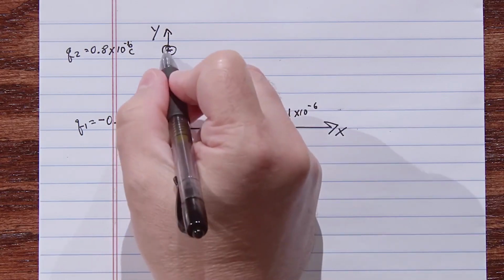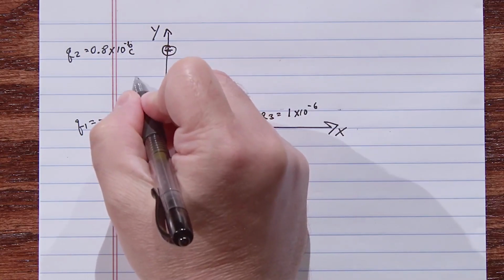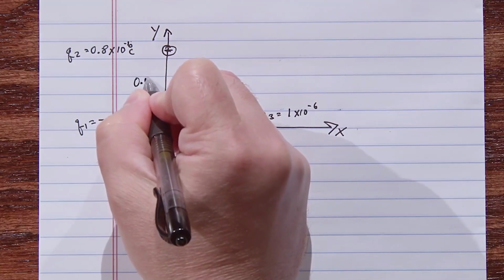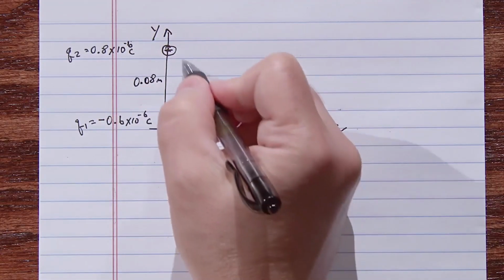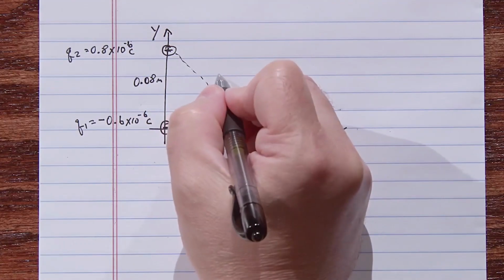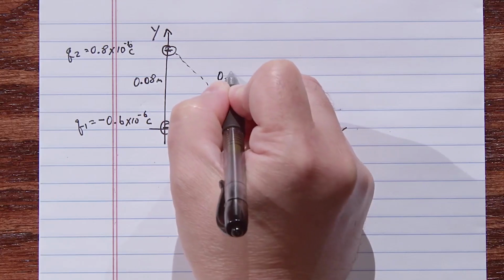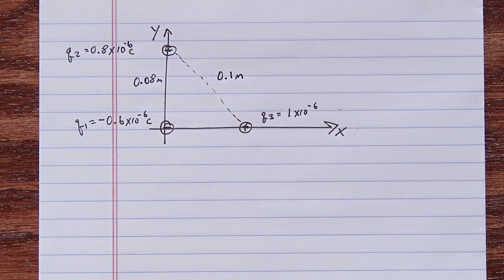And we were told that this distance right here is 8 centimeters, or 0.08 meters. And this distance right here, we were told, is 10 centimeters, or 0.1 meters.